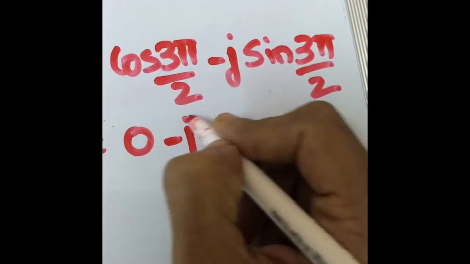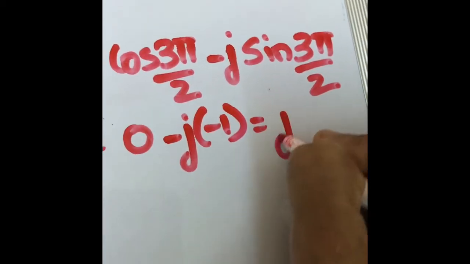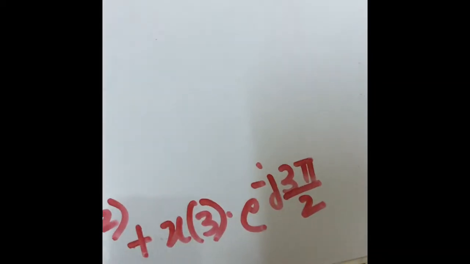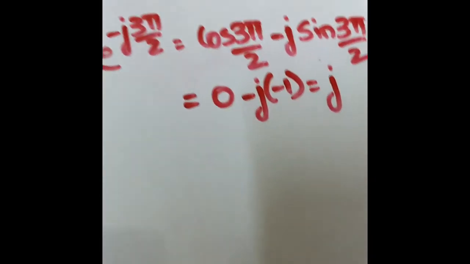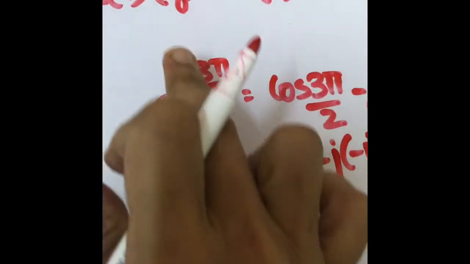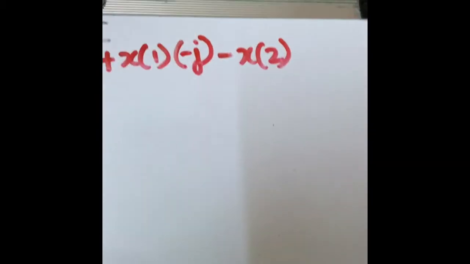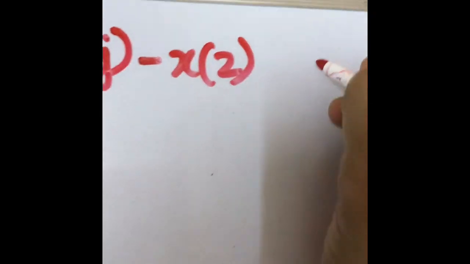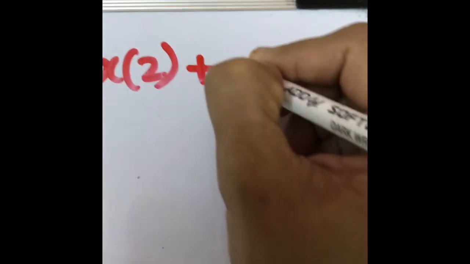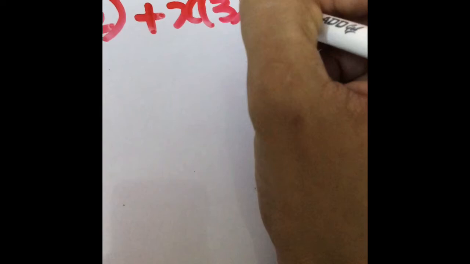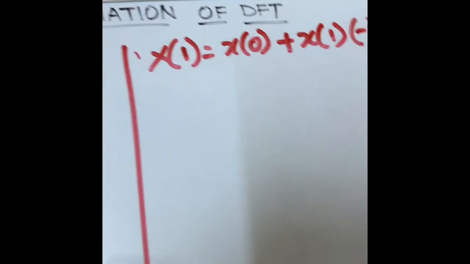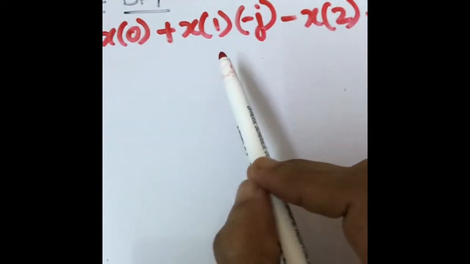So minus j into minus 1 will give me plus j. So e raised to minus j 3 pi by 2 is equal to plus j. I can write here plus x of 3 into j.